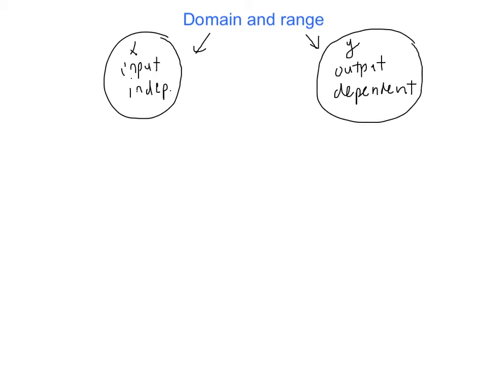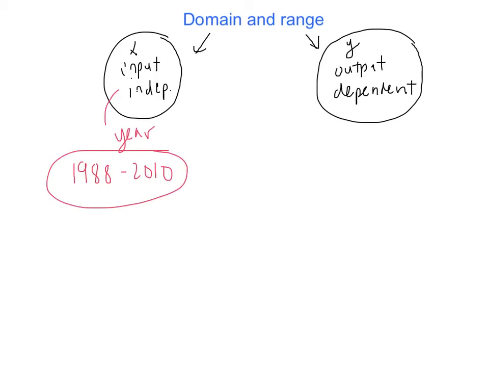So in the last example, my independent variable was the year. If I had to give the domain, let's say I took data from 1988 to 2010. That would be my domain. Here, my range of that same example, my dependent variable was what?